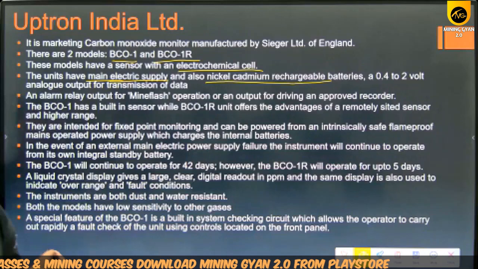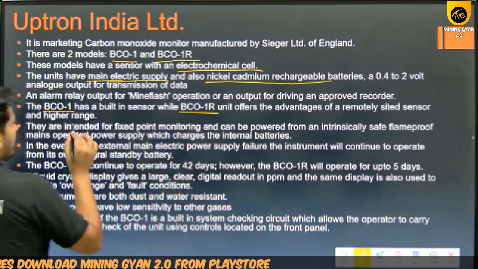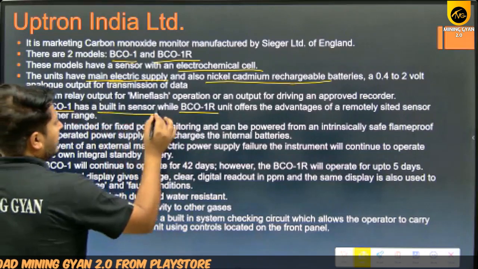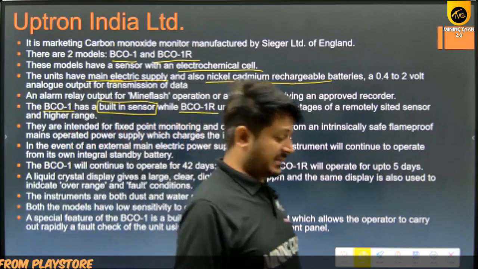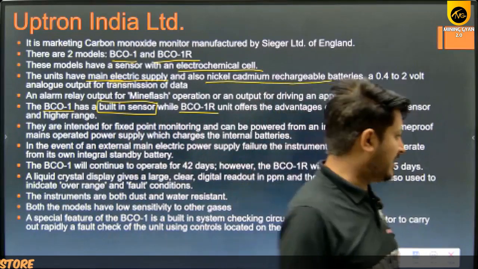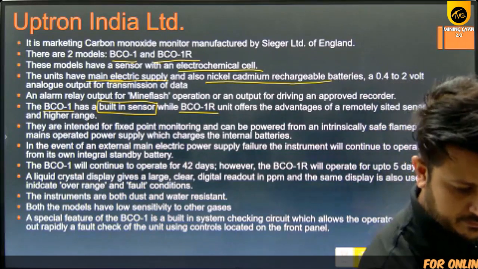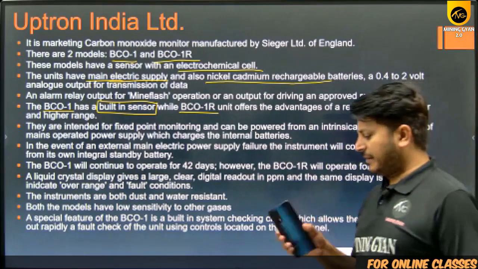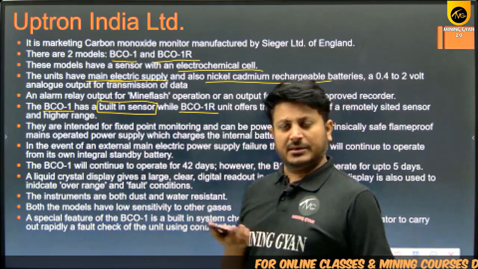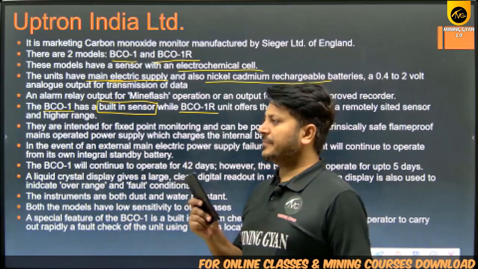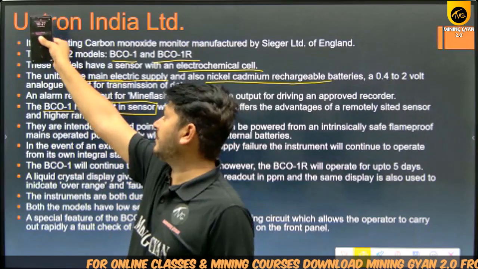Now if we talk about the difference between the BCO1 and the BCO1R, basically BCO1 has an inbuilt sensor. Inbuilt sensor means I will take my BCO1 instrument, it is a handy instrument, I could take it with me and place it at one place in the mines.